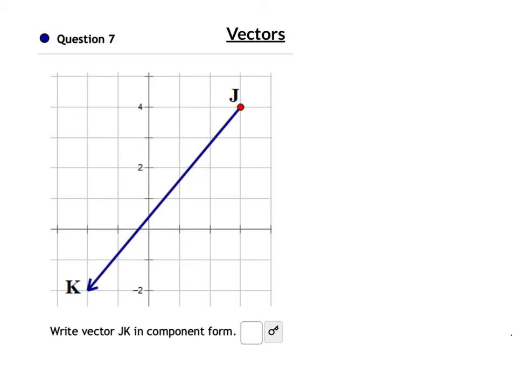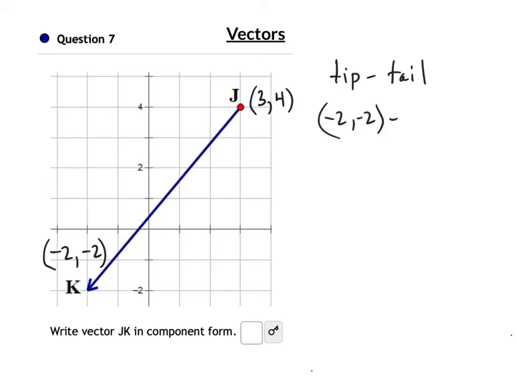Question 7, very much like the last one. We have an initial point of (3, 4) and a terminal point of (-2, -2). Again, we can do tip minus the tail and find that it is (-2, -2) minus (3, 4) in component form. -2 minus 3 would be -5, and -2 minus 4 would be -6.